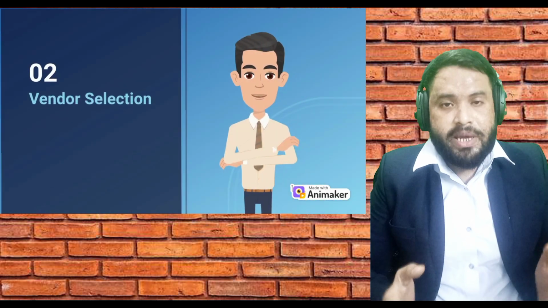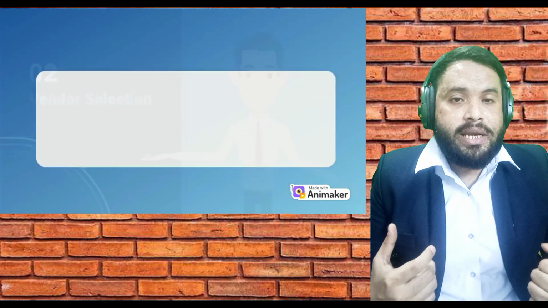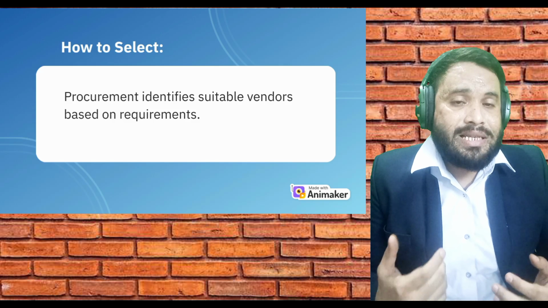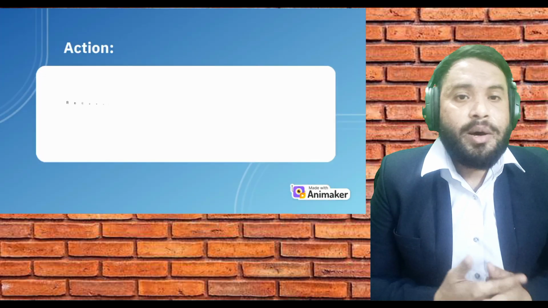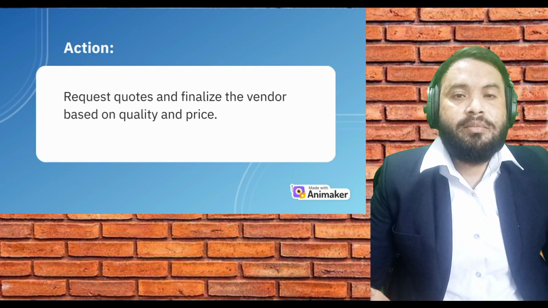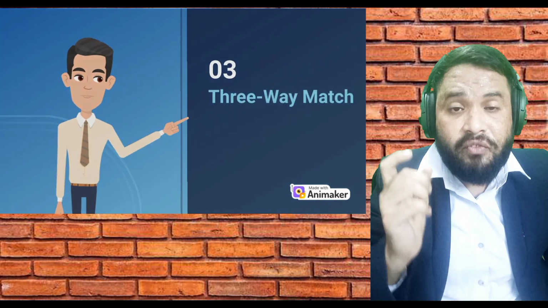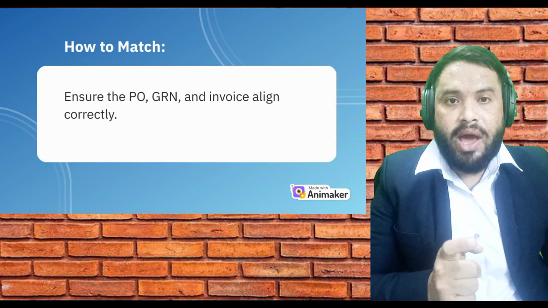Clear? Based upon the quality we are looking for, and any needs regarding products and services, the procurement team looks out for vendors in the market. They find the particular vendors based upon our requirements.